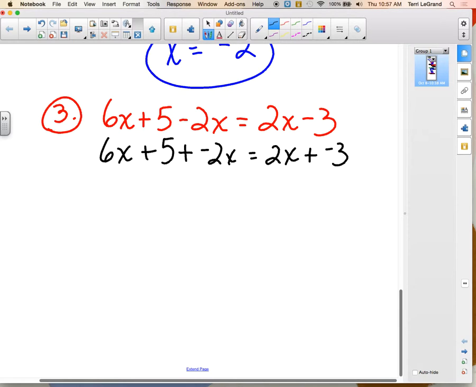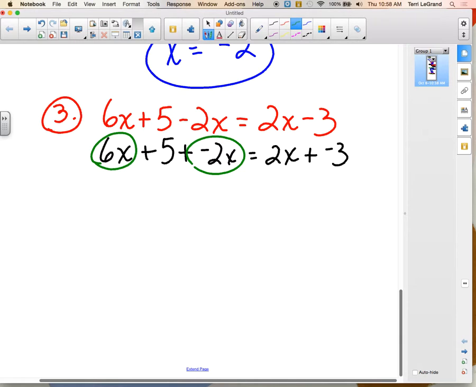No? Why not? What's the problem? Combine like terms. We need to simplify, don't we? So what can be combined? The 6x here and the negative 2x, because they're on the same side.